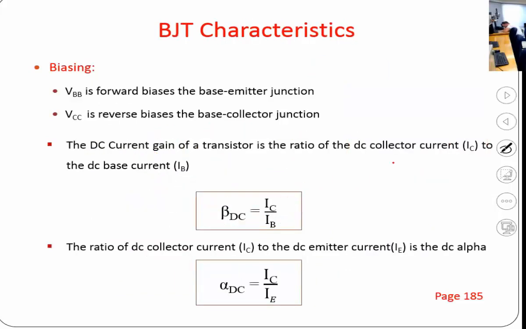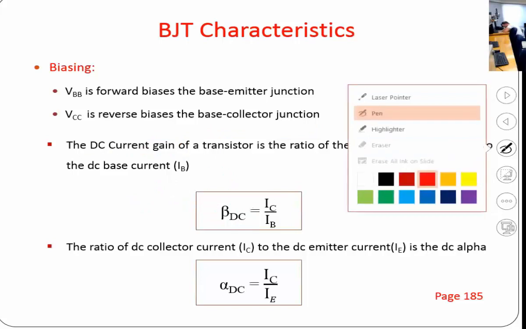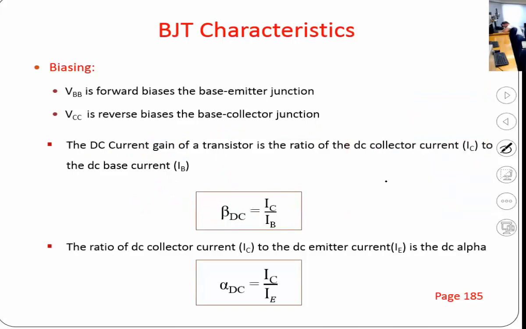Beta is only DC, so there is no AC involved. It's IC over IB, and of course you can rearrange it to calculate whatever values are needed. Let me give you a couple of examples.